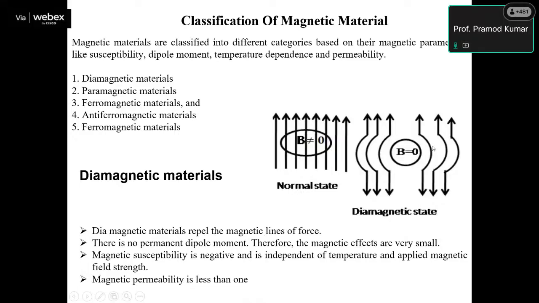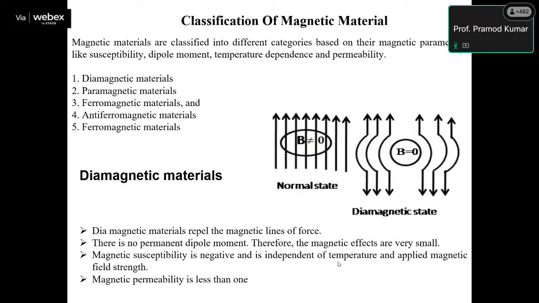Second, there is no permanent dipole moment. Therefore, the magnetic effects are very small. Magnetic susceptibility is negative and is independent of temperature and applied magnetic field strength. Susceptibility means the magnetic moment divided by the applied magnetic field.